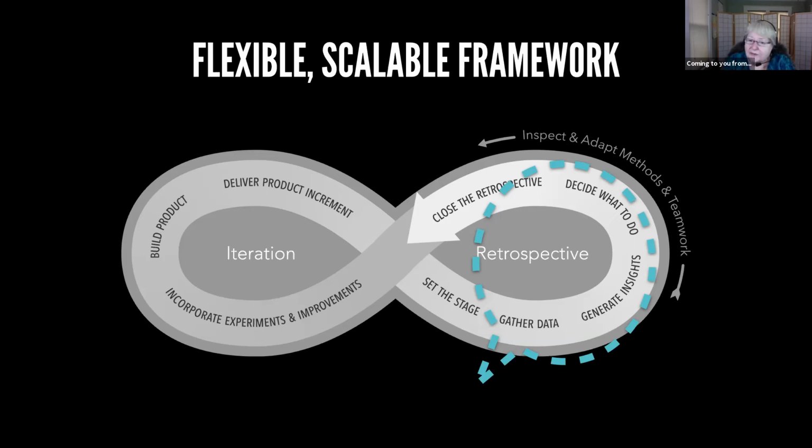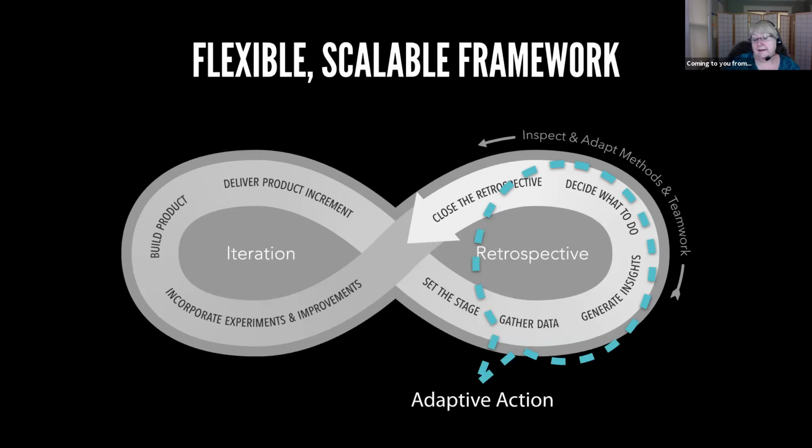And when you get to the end, make sure you tie things up so that people can easily move out of the retrospective session into the next work that they need to do. But this center of gather data, generate insights, and decide what to do is where the real work happens.